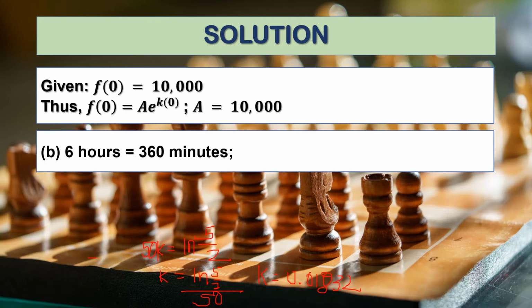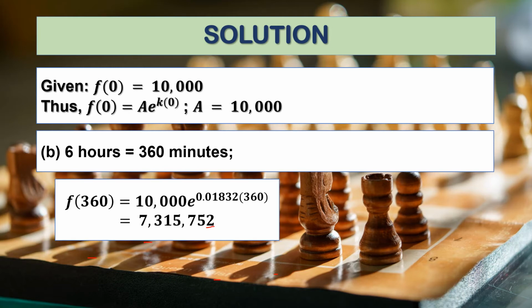So letter B, if 6 hours or 360 minutes, we have f of 360 is equal to 10,000 multiplied by e raised to 0.01832 multiplied by 360, we have 7,315,752.